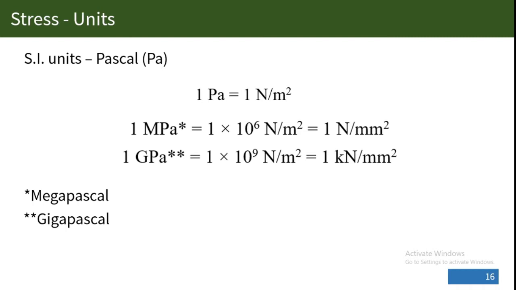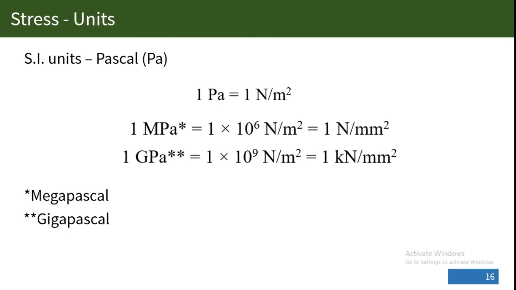But in actual practice we use bigger units of stress such as the MPa and GPa. So 1 MPa, or megapascal, is equal to 1 million Newton per meter squared, or equivalently 1 Newton per millimeter squared.